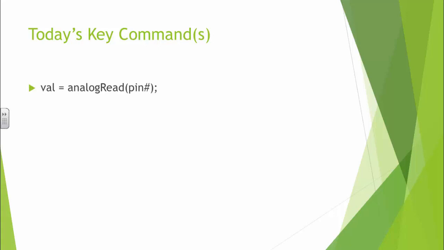So we're going to look at reading a given pin. If it's an analog value that we're looking for, we use the analogRead command specifying the pin number. If it's a digital, then we use the digitalRead command and the pin number.